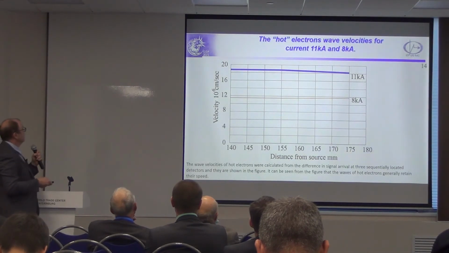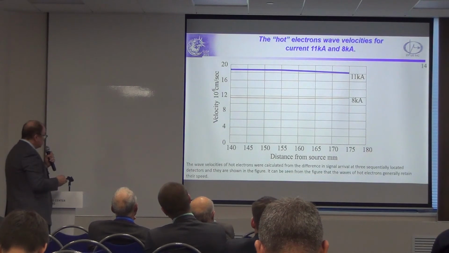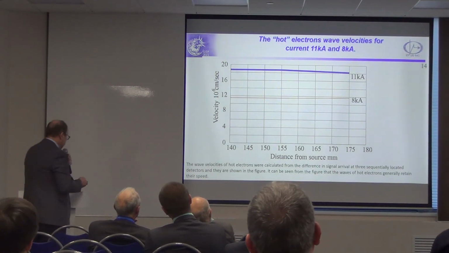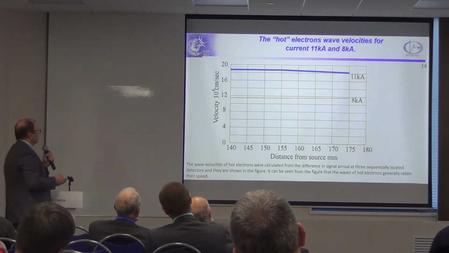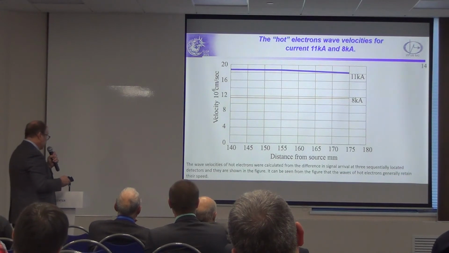The hot electron wave velocity for currents of 11 and 8 kiloamperes, you can see that this velocity is about 10 to the 6th power centimeters per second, which is much greater than the usual velocities in the vacuum arc, which are usually estimated to be about 2 centimeters per microsecond.